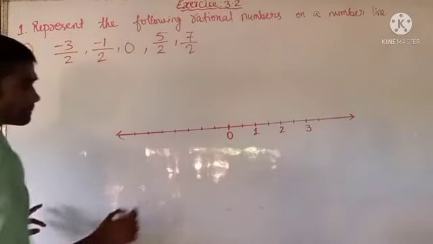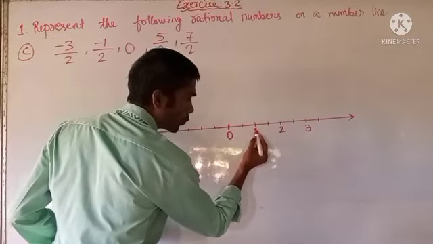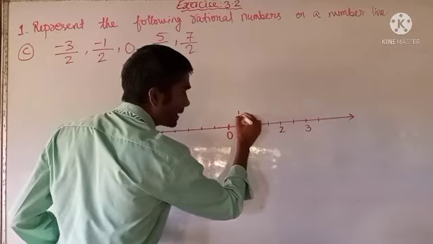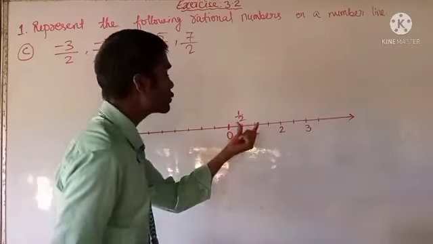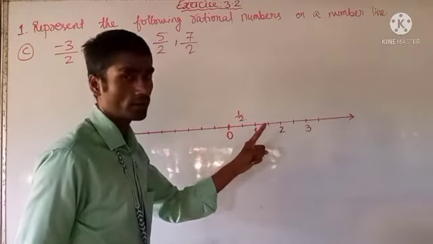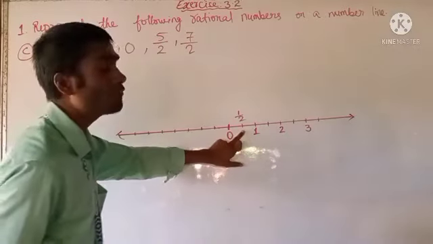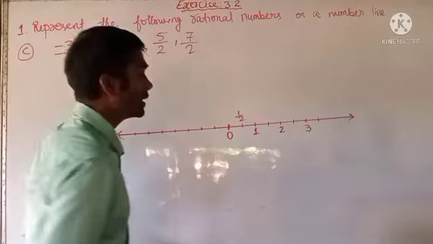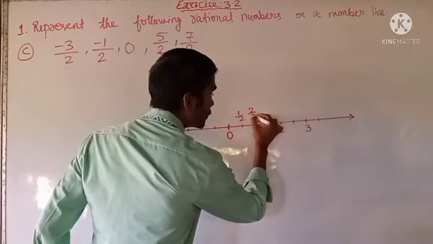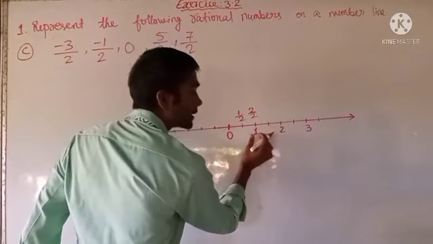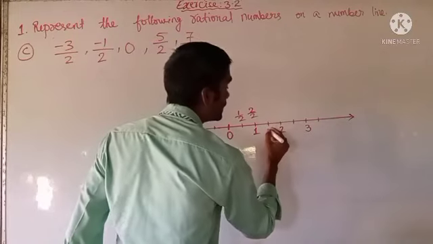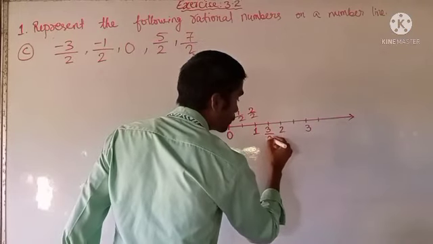Now here if this one is 1, then this one is 1 by 2 because we are taking 2 units as 1. That means 1, 2. So we are talking about half of it, that is 1 by 2. And this one will be 2 by 2, which is cancelled, and we get 1. Next one will be 3 by 2.